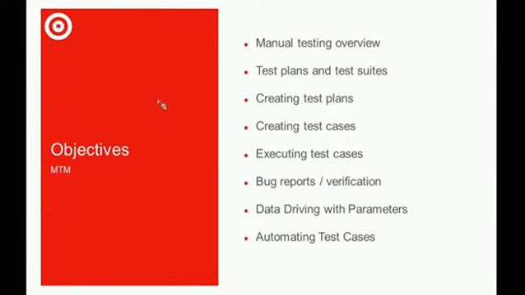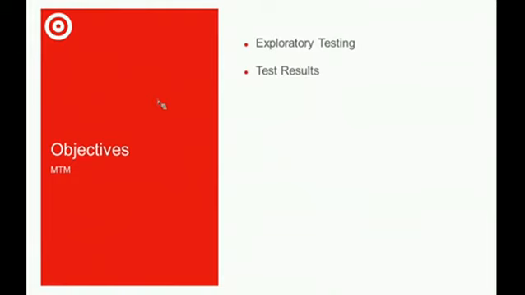Then how to execute those test cases, and if you spot any bugs, how to create a bug report and verify that the bug has been fixed. Then we'll be talking about how to data drive with parameters, and finally automating test cases. And there will be some exploratory testing, and then how to look at test results as well. These are supplementary test techniques.